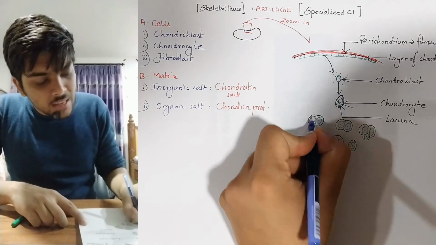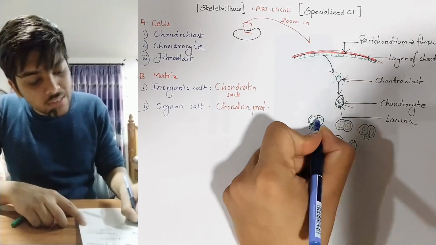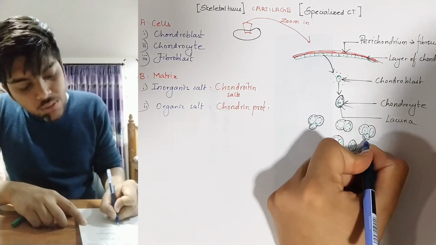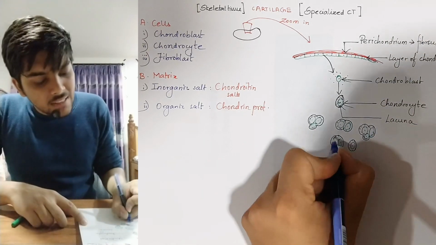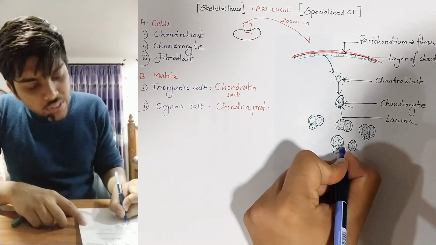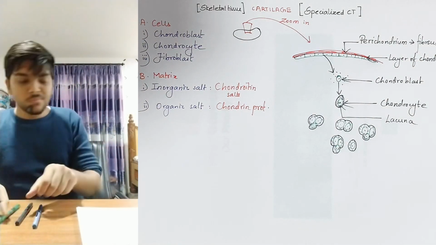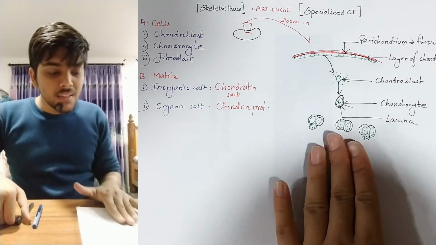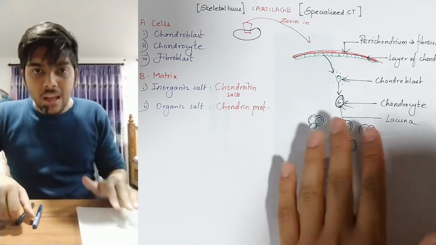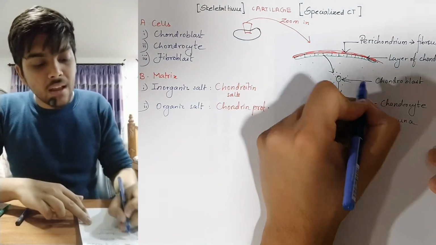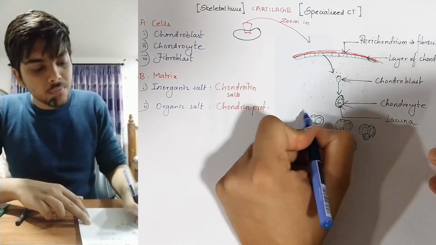However, in this lacuna, there are 3 chondrocytes. In this lacuna, there are 2 chondrocytes. In this lacuna as well, there are 3 chondrocytes, and in this lacuna as well, there are 3 chondrocytes. And inside lacuna, the space is filled with a fluid. Okay, so these cells inside lacuna are present on a matrix which has been secreted by chondroblast.